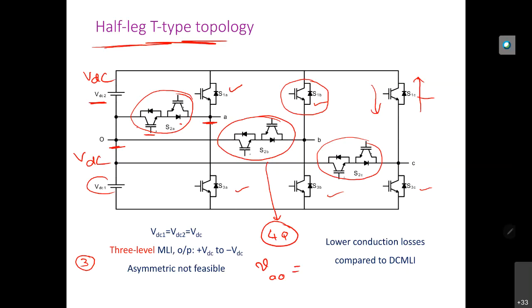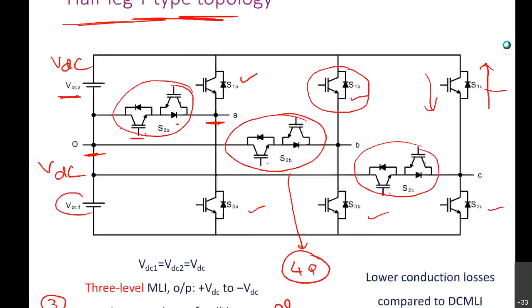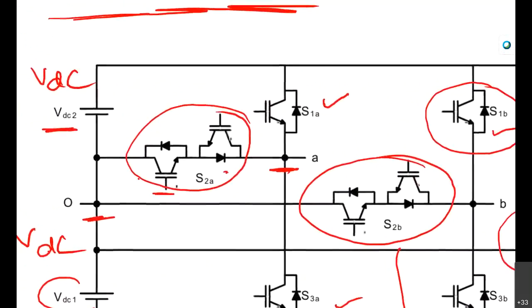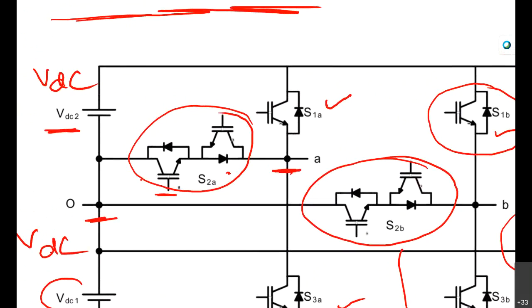Which switch do we need to turn on? S1A and S3B. As and when you turn on this S1, A is connected to the positive plate and 0 is connected here, so VA0 voltage is VDC.